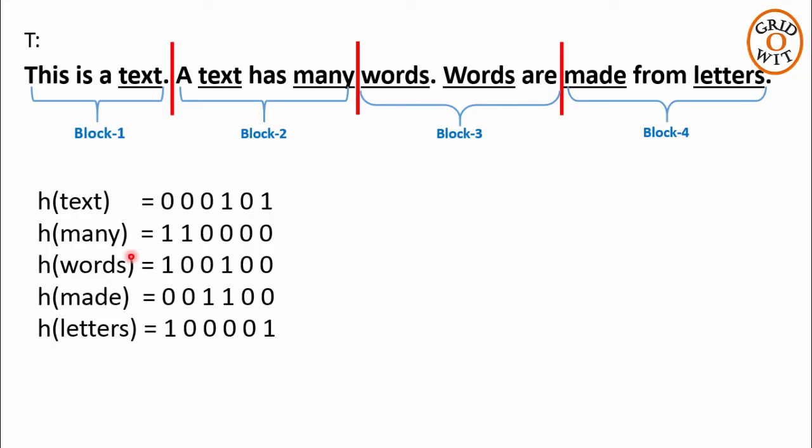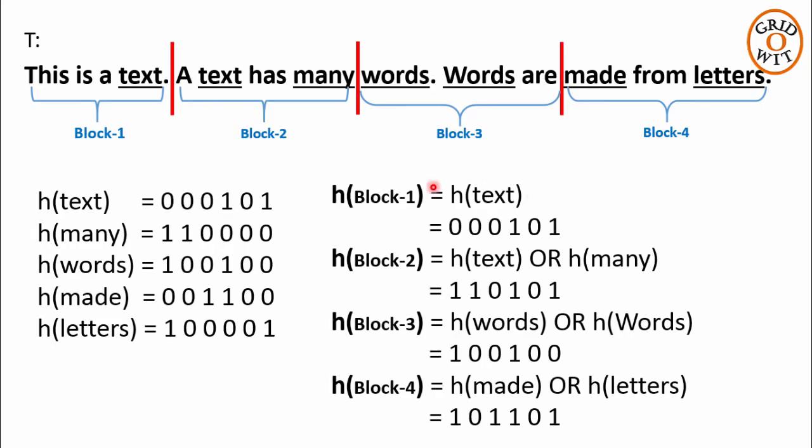Now the next step is to calculate the hash values for each block. Once we have the hash values for each underlined word in these blocks, the next step is to calculate the hash value for each block, which can be calculated by bitwise ORing the hash values of all the underlined words in the block.